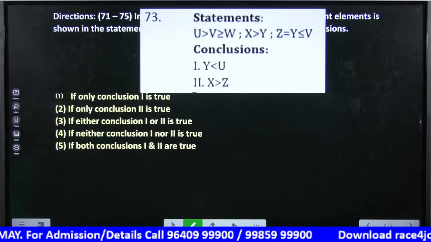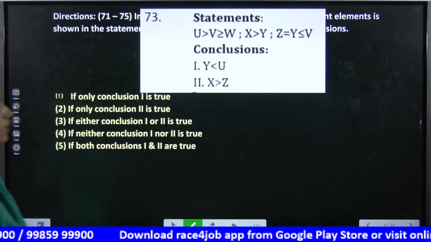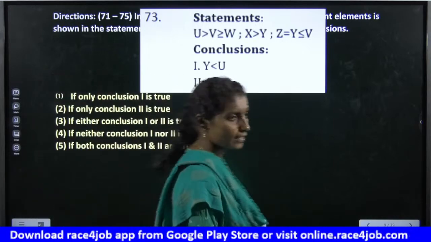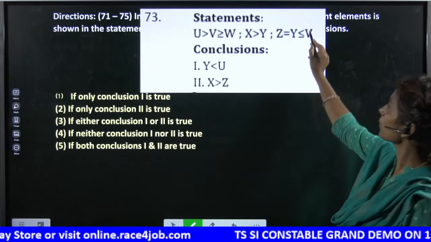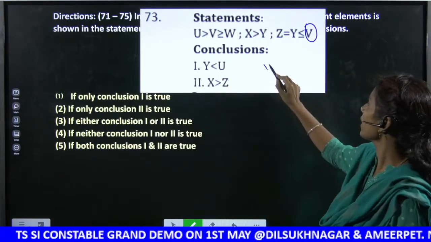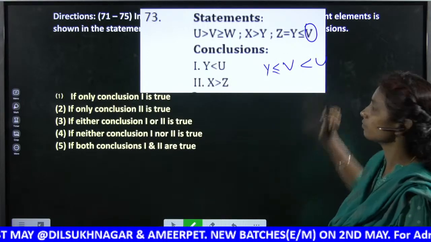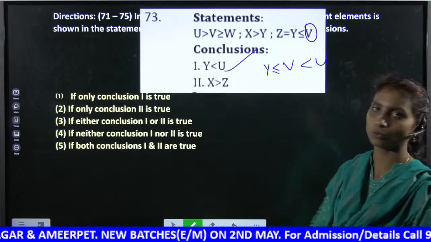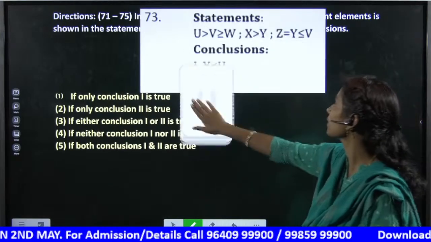Yes, it is only 2. Check it. Y, U relation. You need to check the relation for Y and U. Common variable is V. Y less than or equal to V. V is less than U. It clearly shows the first one is true. Next, the X Z relation. What is the X Z relation for us?